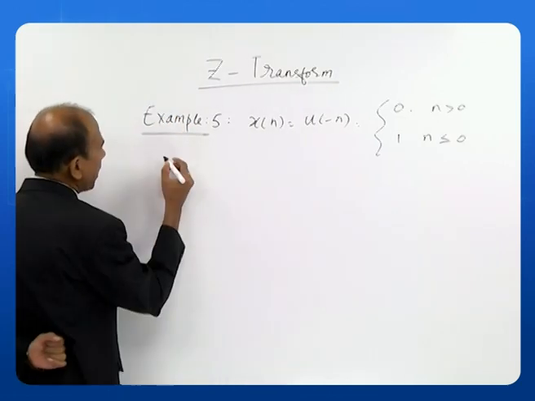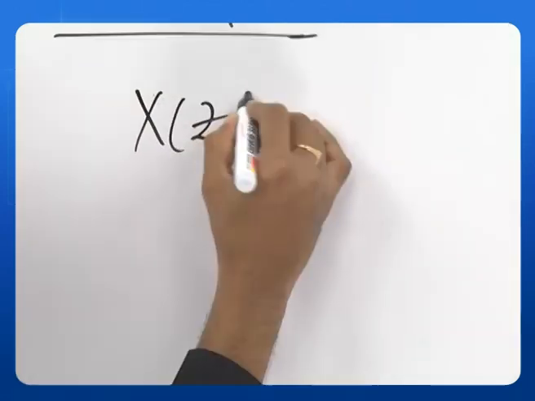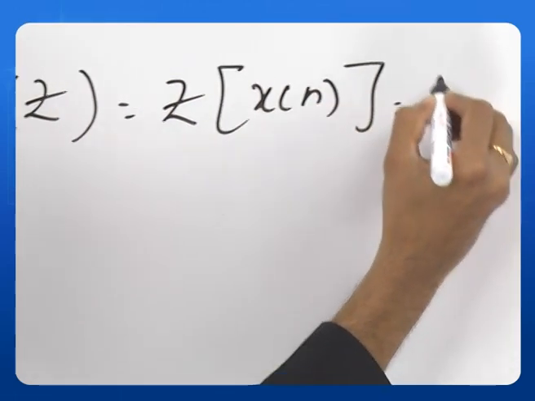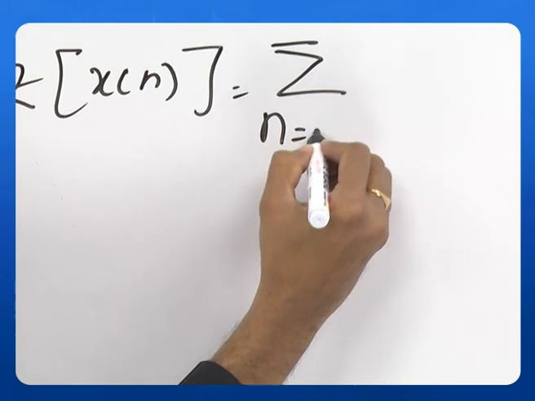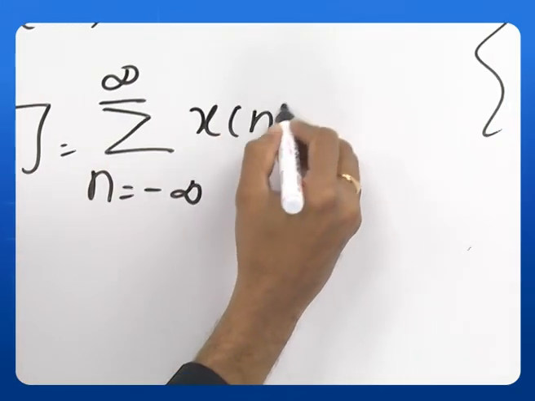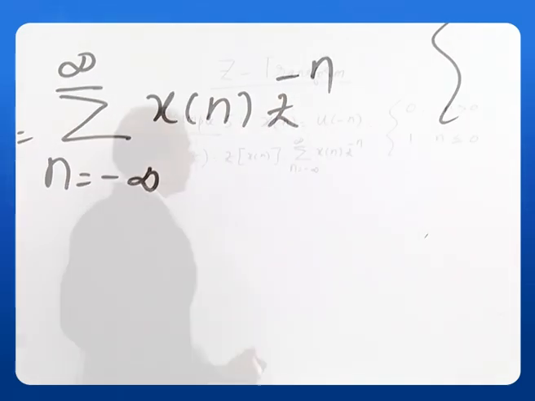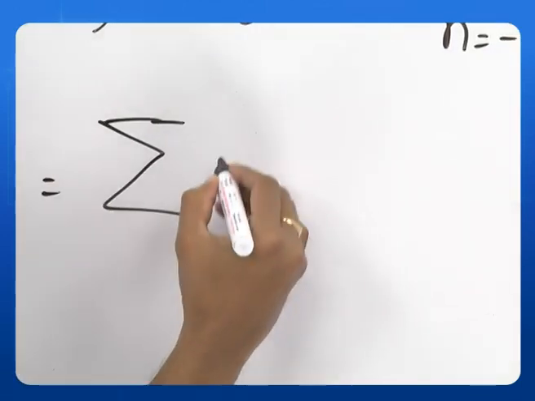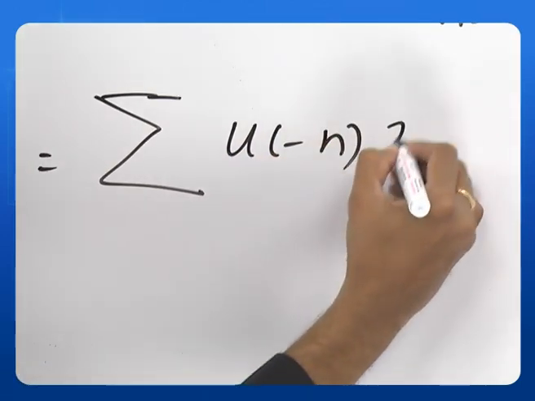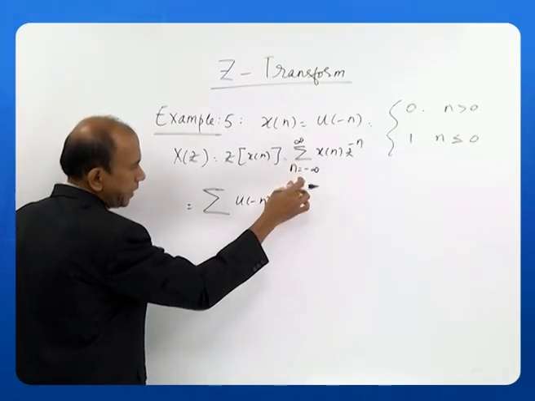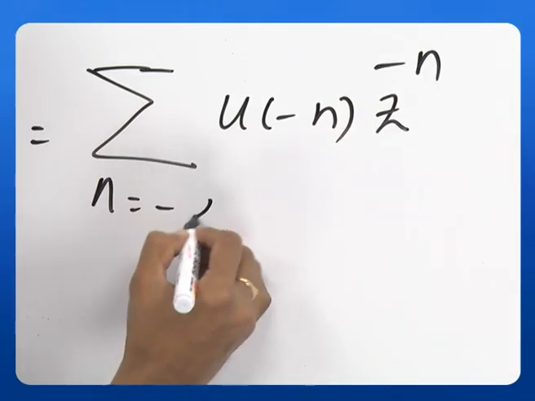So, let us again put X of z for us is the z transform of x of n, that is summation n is equal to minus infinity to plus infinity x of n z to the power of minus n. Okay, for us, if you see here, this is u of minus n z to the power of minus n, and this is minus infinity to 0, as you see here.